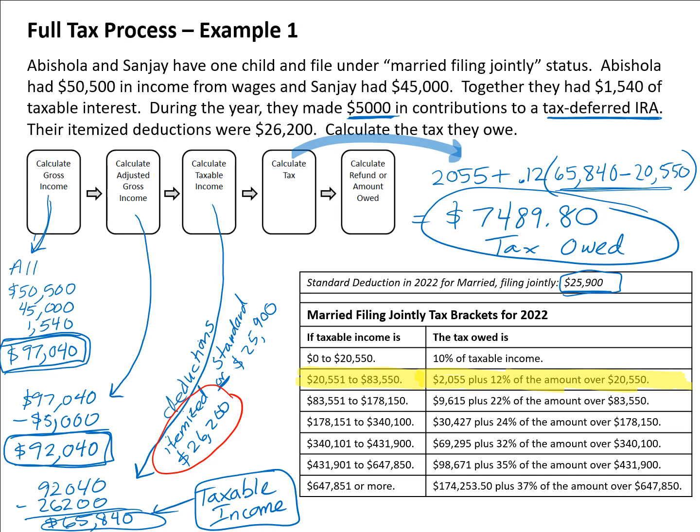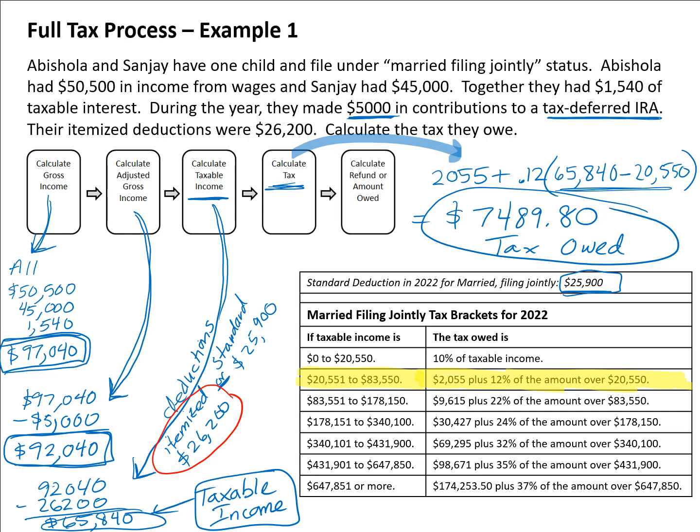We found the gross income, we adjusted it based on the contributions they made to a tax-deferred IRA, and then we look at their itemized deductions as reducing their tax burden even further. So it reduces their income so that we get a taxable income. Once we have the taxable income, we can use the table to calculate the tax.